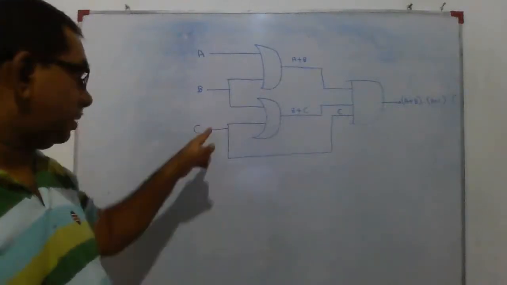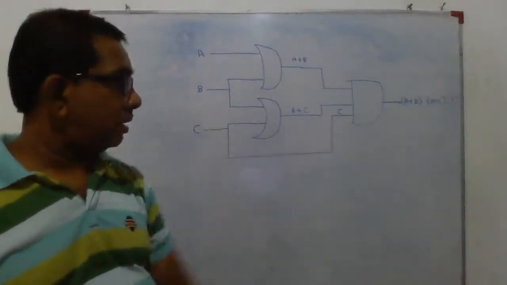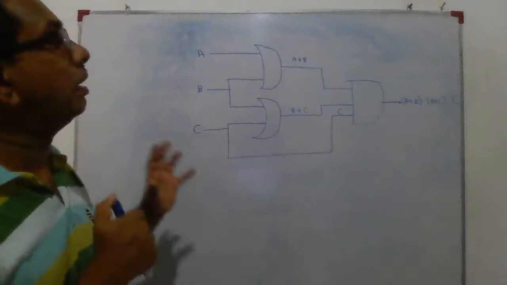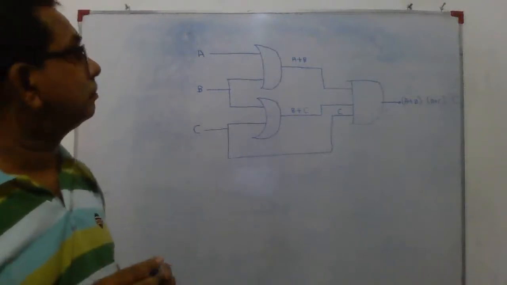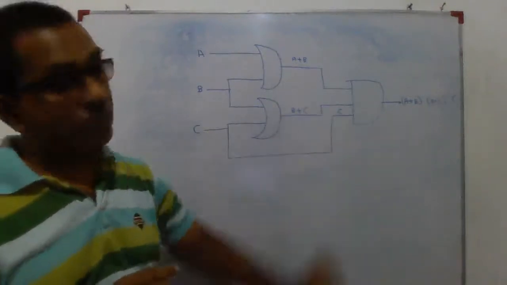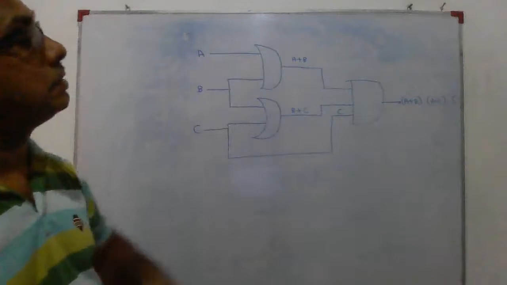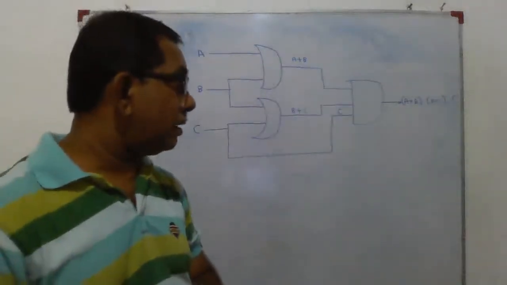But here the third one is a direct input. Remember, this is a direct input. Right. So without using an OR gate, they have sent an input to the AND gate. Now anyhow, this statement is okay. This is the final one. What is important?